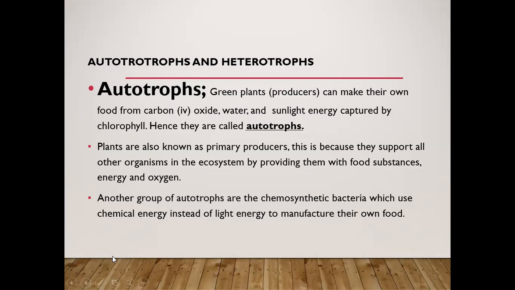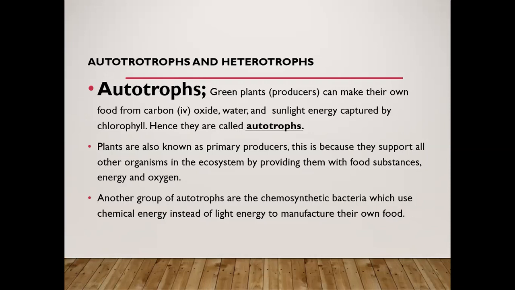The water will be absorbed by the root, the CO2 will be absorbed, the chlorophyll is already present. That is what makes the leaves green, and also the sunlight is already there up. All that is needed is for chlorophyll to absorb the sunlight. Okay, so we call plants autotrophs.